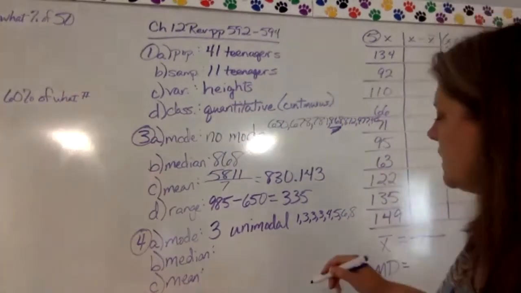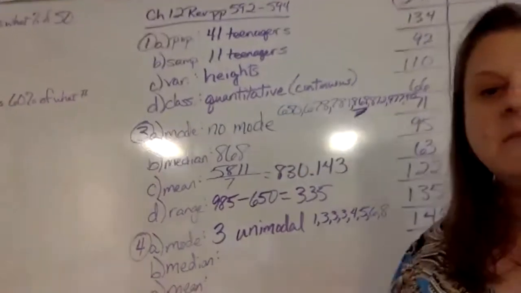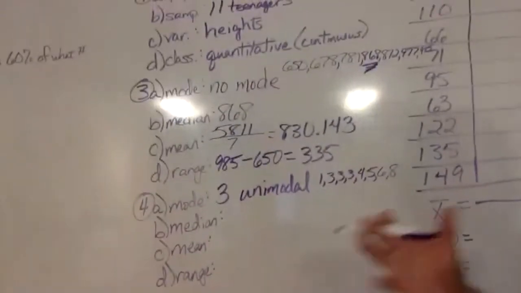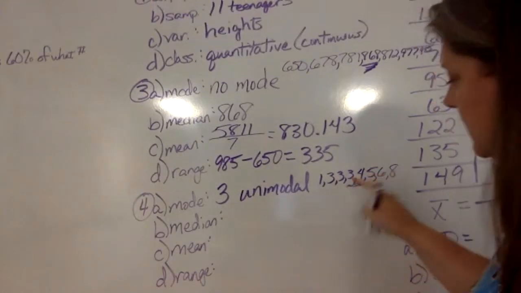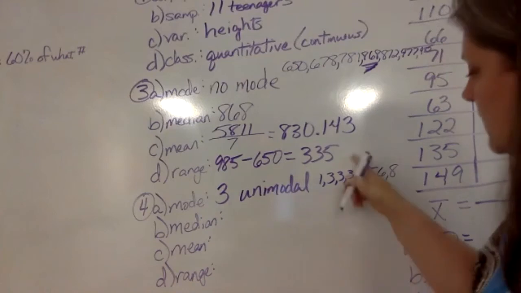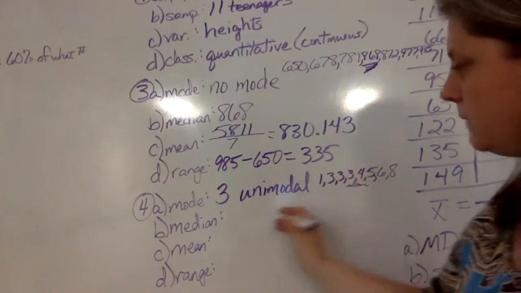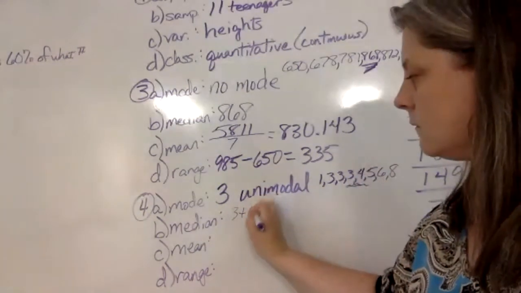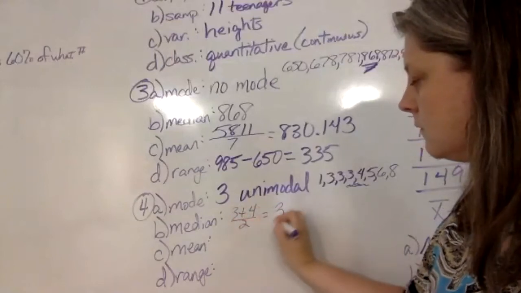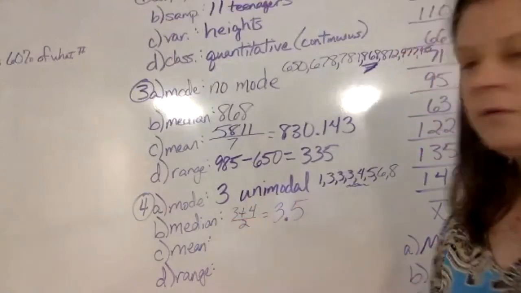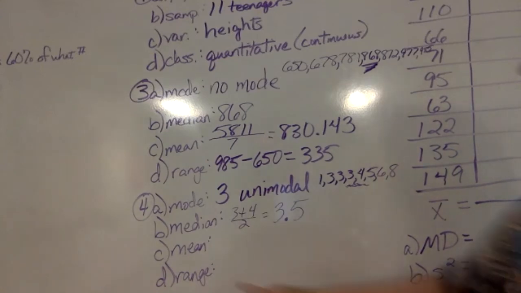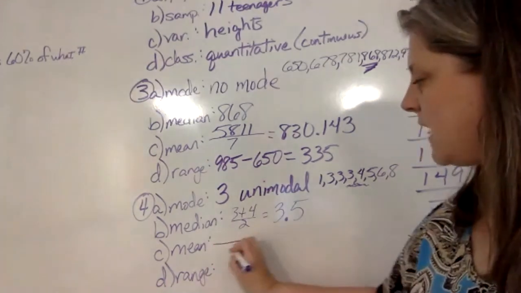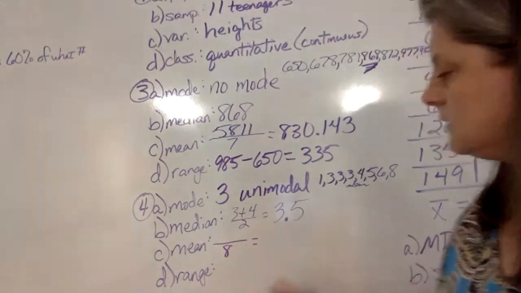Okay? So if I'm trying to find the median, the middle on this one, there's an even number of data. So there's 2 numbers that split the difference in the middle. So what's halfway between 3 and 4? 3.5. So your median is 3.5. Okay. Mean, we add them all up and divide by 8.